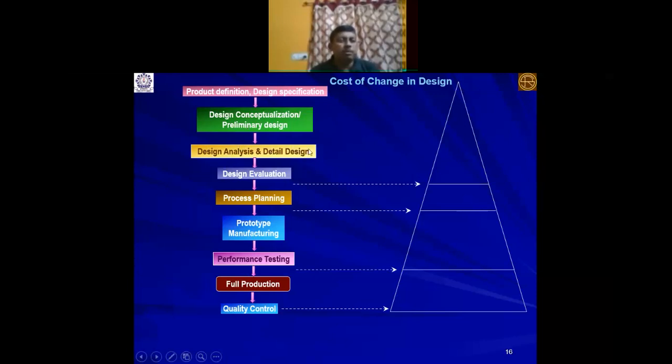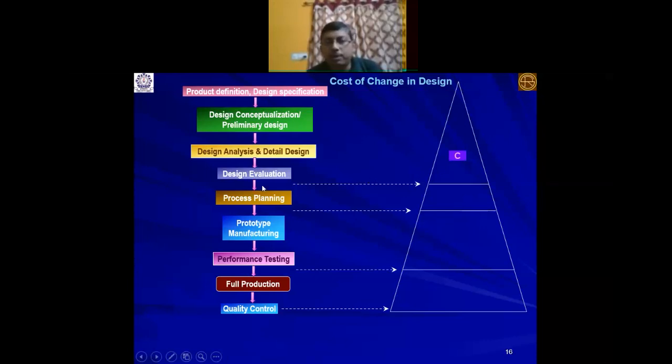That means involvement of manpower and machine, and ultimately cost. So the cost required to rectify the mistake identified in the design evaluation stage is C.